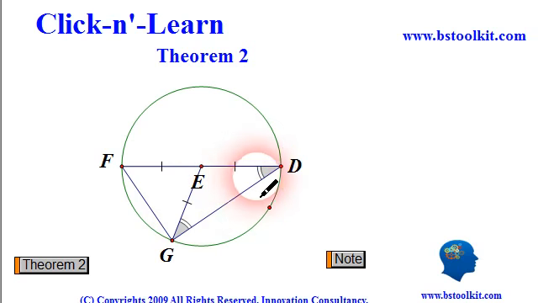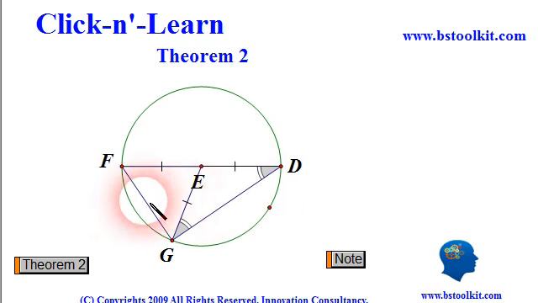So this angle here is equal to this angle here. So let's measure each angle. This angle here, we see it's 34 degrees. Let's measure this angle here. And we see it's also 34 degrees. These two angles are equal.